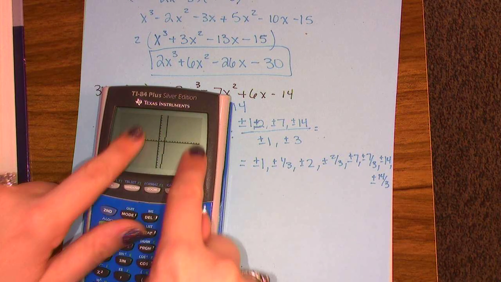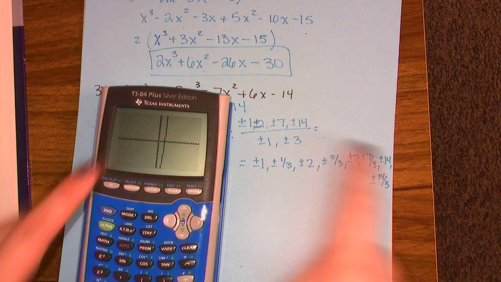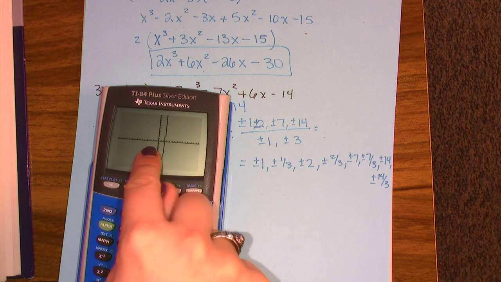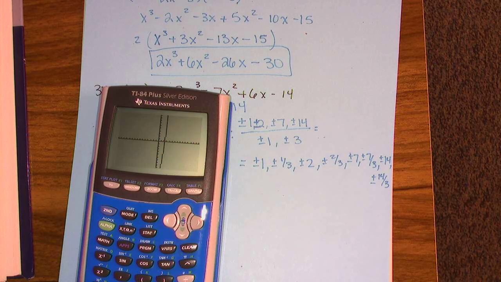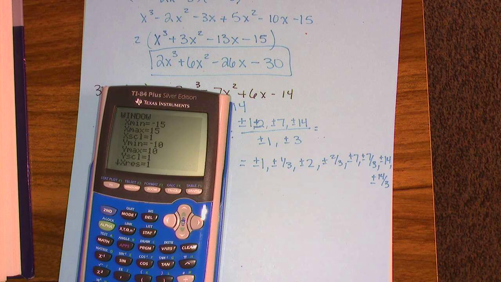Now that you see nothing's going on out here in terms of it crossing the x at any of these other values, I would zoom box this area here. Actually, you don't even have to zoom box. You can just change your window again from x being 0 to x being 5, let's say.